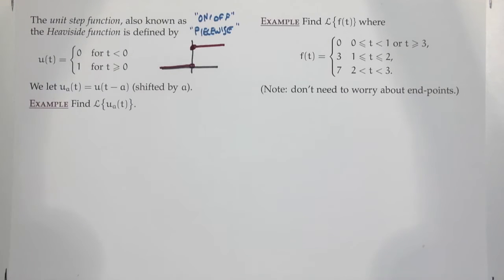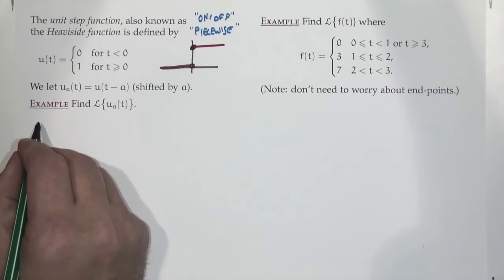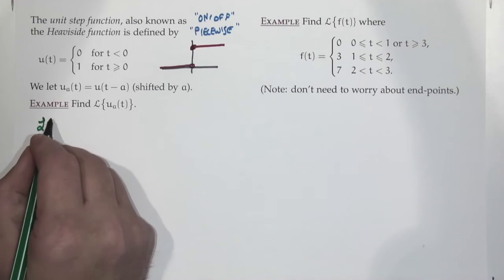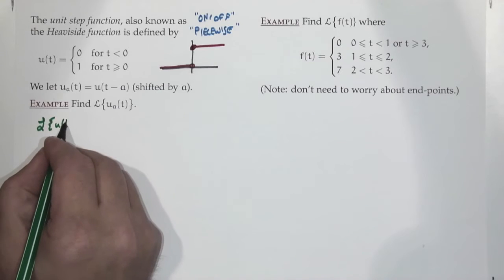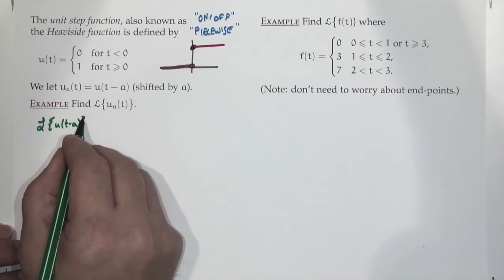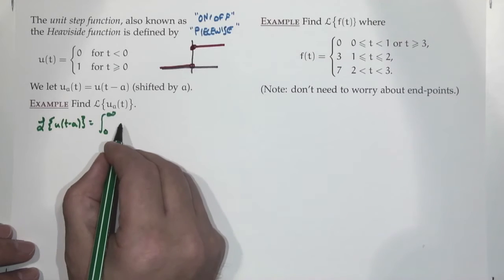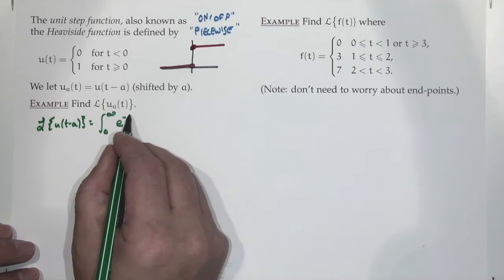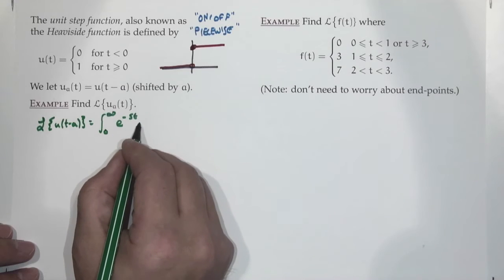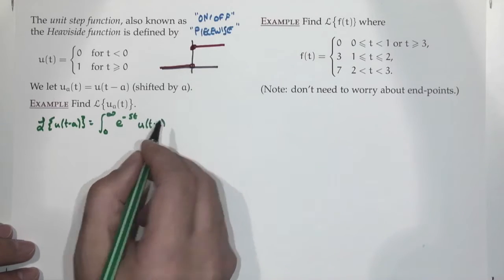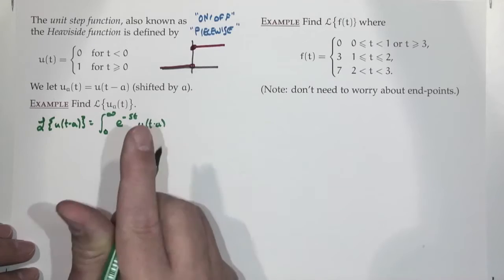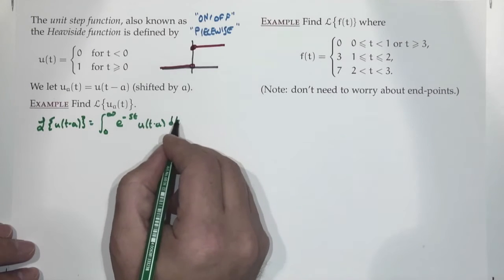Hello, definition. All right. So, we're taking our Laplace transform, and I'll write it as u of t minus a now. Well, that's definition, integral 0 to infinity of e to the minus st u of t minus a, because that's our f of t. And we need to integrate that.